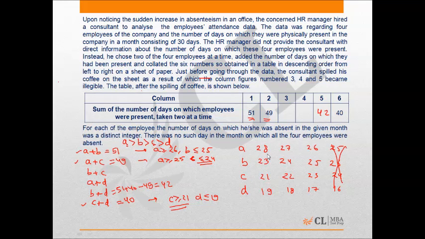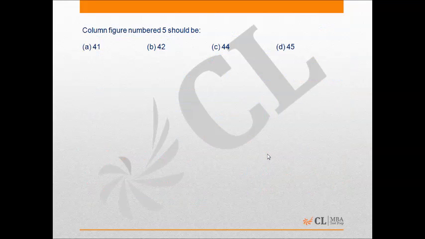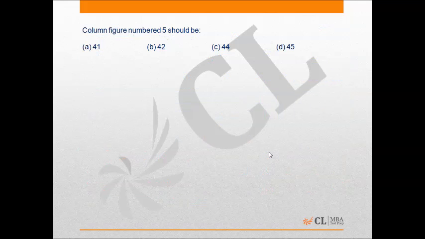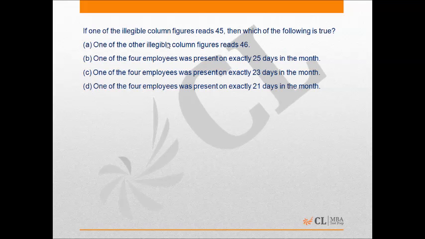Clear? Now what is the first question asking? Column figure number 5 should be, I have already calculated this, it is 42. So the correct option is B. The second says if one of the eligible column figures reads 45, which of the following is true.